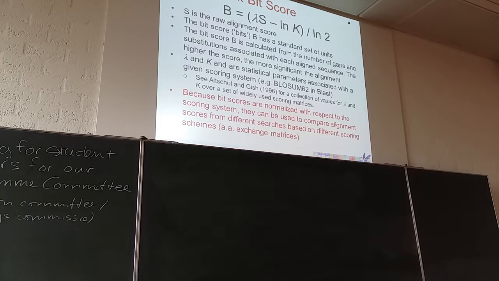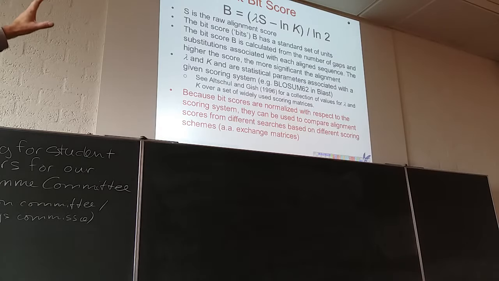Already 20 years ago, Altschul and Gish normalized these different scoring schemes and found lambdas and K's for the most common ones, like BLOSUM and PAM and a few others, and also some that were used then but are not really used anymore.